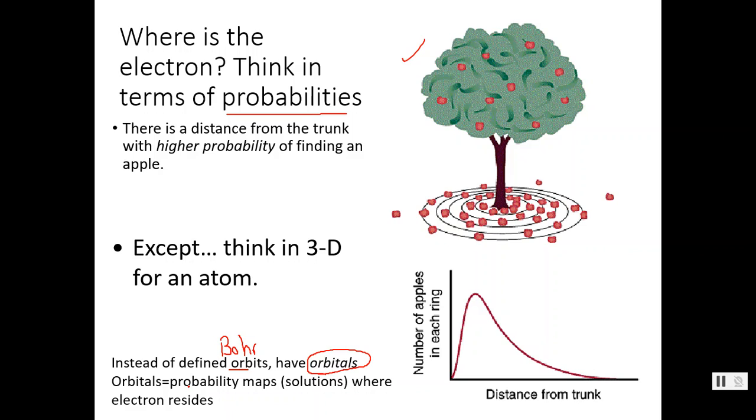I'm no longer going to be thinking about an electron as traveling around the nucleus in a specific elliptical path. That would be the Bohr model. This new model, which is called the quantum mechanical model, thinks about electrons not in orbits, but in regions of space called orbitals.